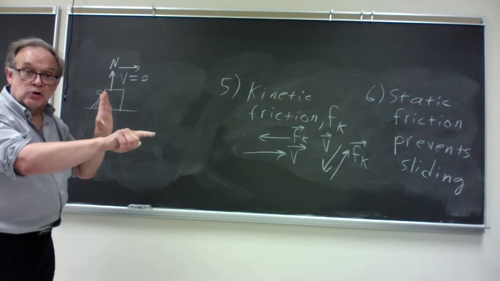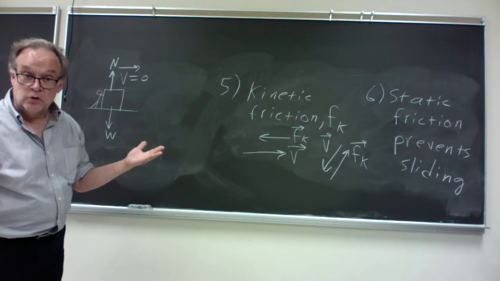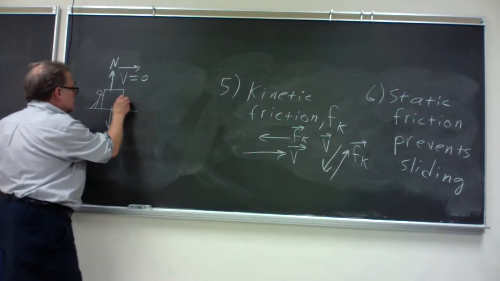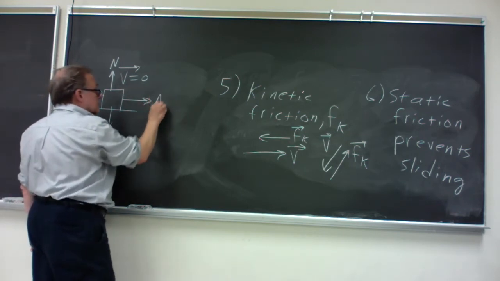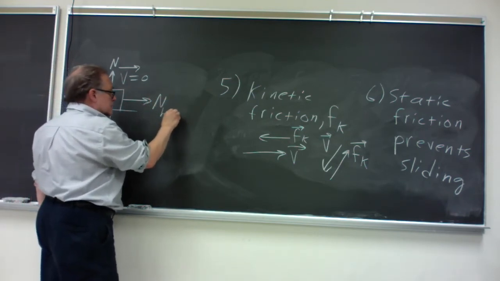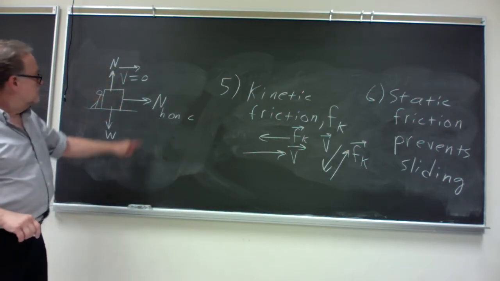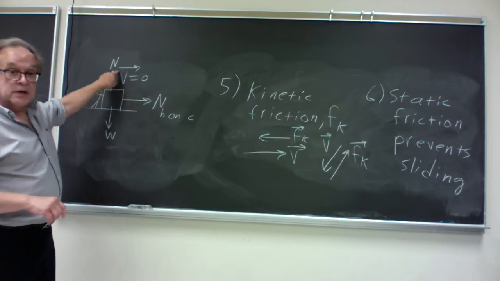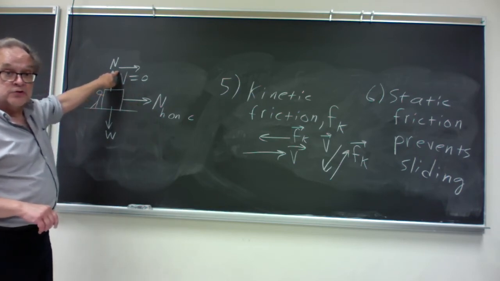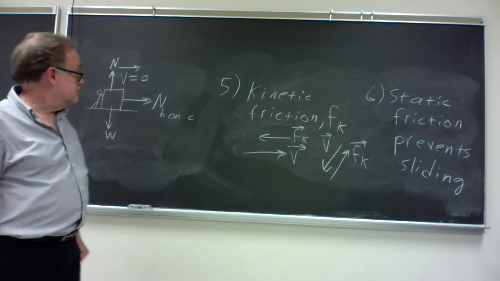A perpendicular push that comes from a surface, that's a normal force. So my push is a normal force, a normal force from my hands on the crate. I write this subscript to distinguish this normal force from this other normal force, which is a force from the floor pushing on the crate.